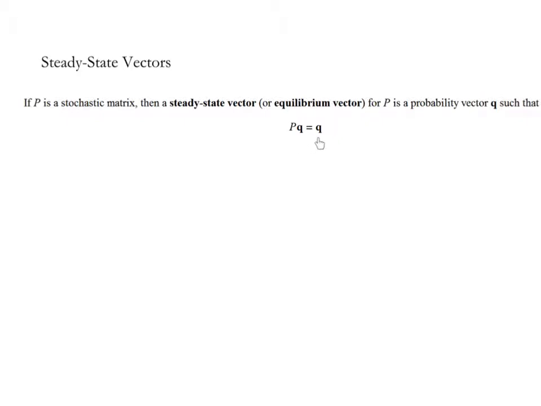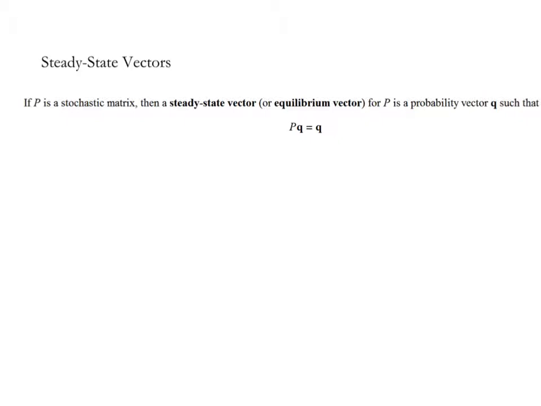I can solve this equation for Q, much like we did back with the consumption matrix, where we had the identity minus the consumption matrix times X equals the demand D, and then we augmented that.